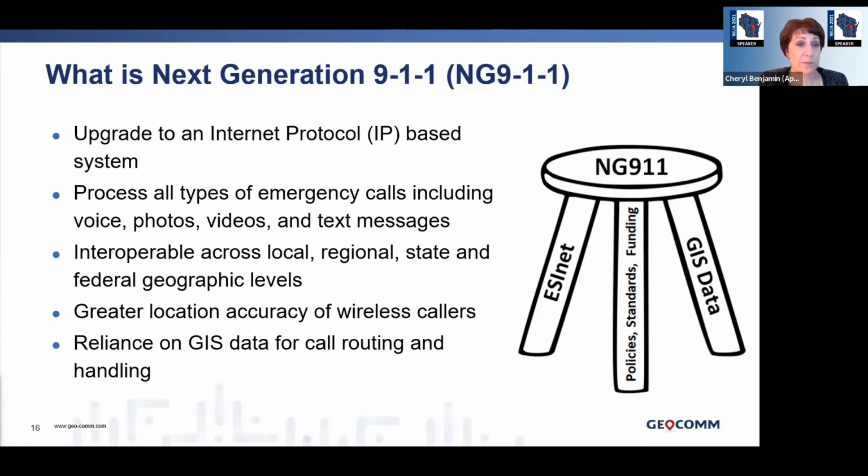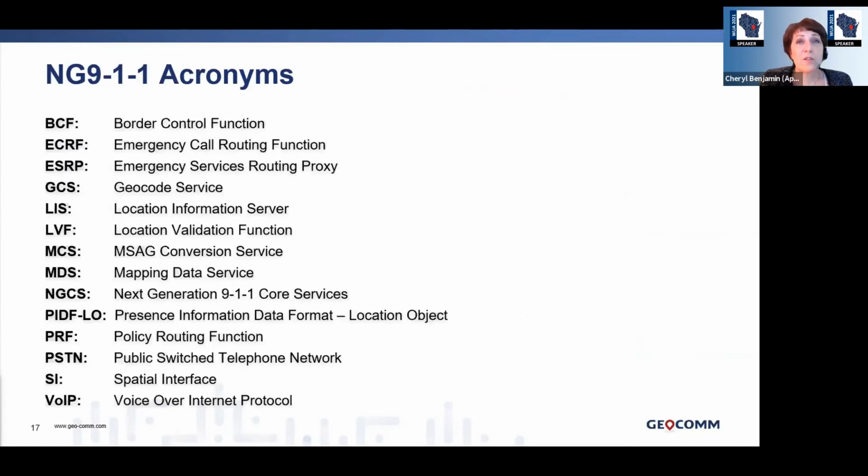I'm going to go into a detailed discussion about where GIS data is used and how it's used in the call routing process. And there's a lot of acronym soup that we're going to go into. So these little acronyms that you see here, I'm just going to briefly go over them so I don't have to spend a lot of time on them on the individual slides. When you see border control function, think of that like an internet firewall.